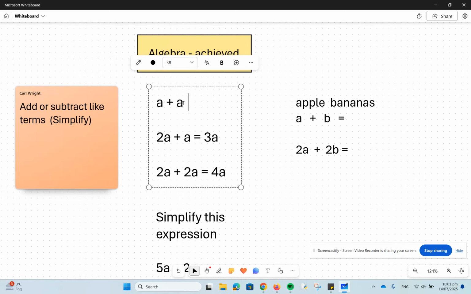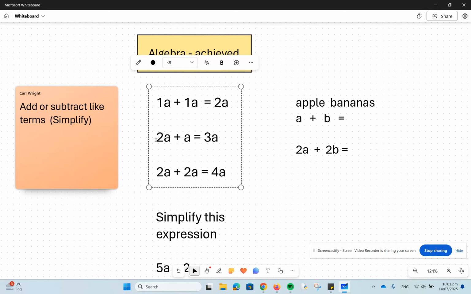So a to the power of 1 plus a to the power of 1, and you know that you're just counting the number in front of them, which is a 1. There's a secret 1 in front of it. It's not written. So you're just adding the number in front, and the letter and the power stay the same. So there's going to be 2 of them, and the letter stays the same.